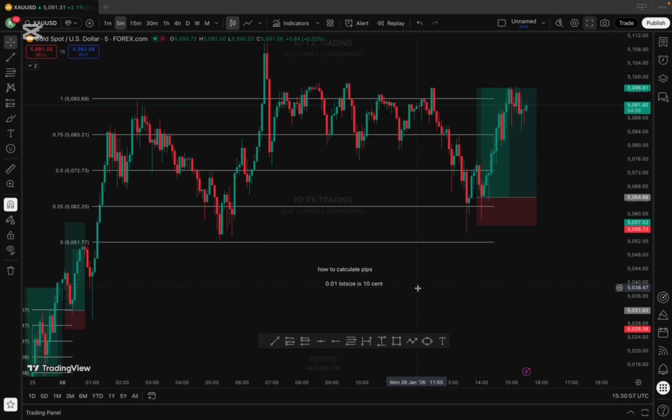So let's say for example now, you are risking 20 pips in this trade, right? Those 20 pips, you want to calculate it with 0.01. Now, what do you have to type on your calculator?